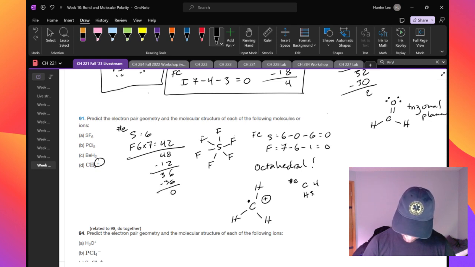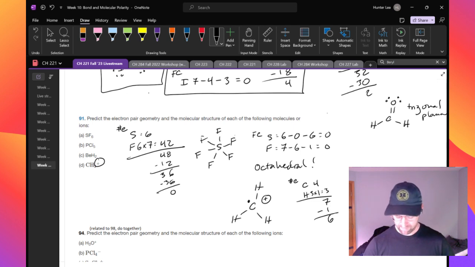Each hydrogen has 1, which gives us 7. We're getting rid of 1 because of that positive charge, which gives us 6. 2, 4, 6, so that all of them would be accounted for participating in bonding.